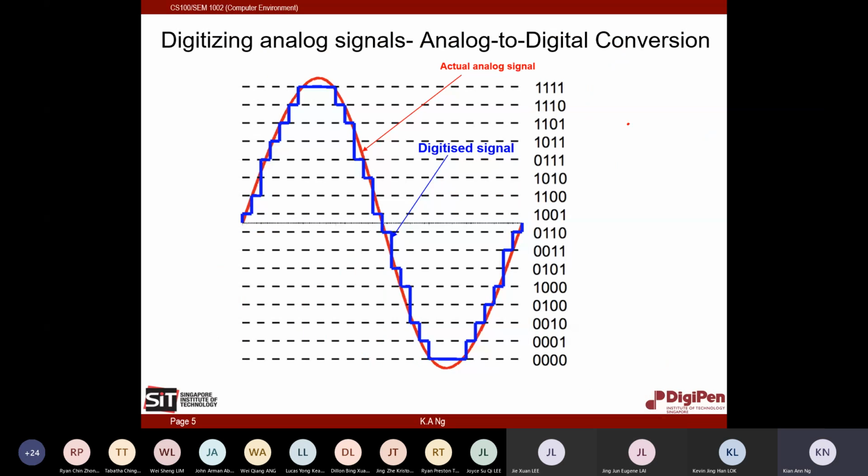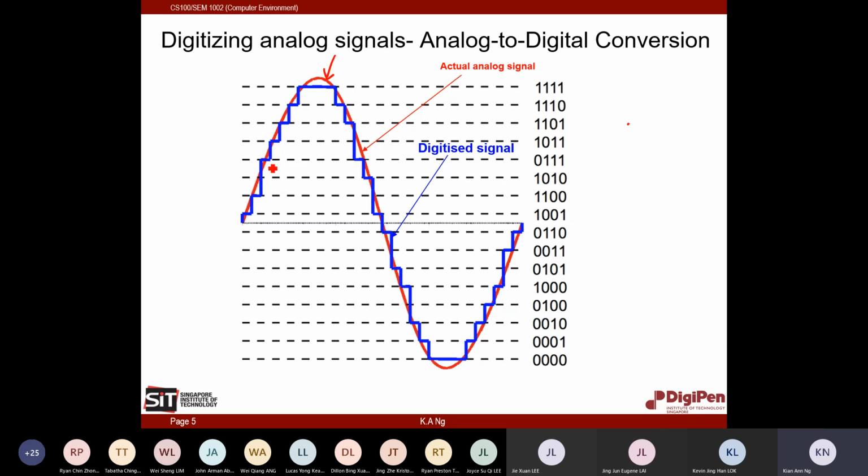So in this case, suppose you have a sine wave, let's say a sine wave that is analog in nature, and you have a 4-bit ADC. The ADC will only discretize in the blue line. So this is how the ADC will see it, the blue line.